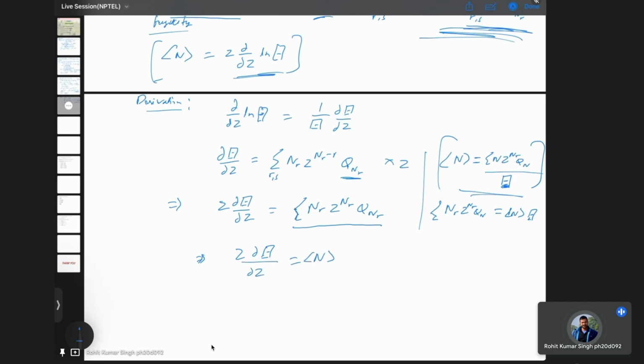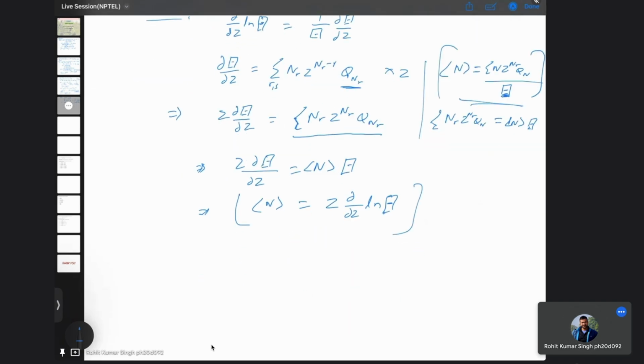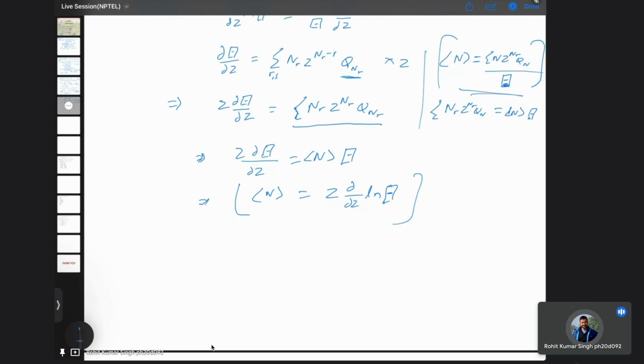And you can take this down here, so this will be z del of del z ln Z, right? So this is what this expression is. Okay, so this is just a nice way to calculate the average number of particles. This is very helpful in solving some problems.